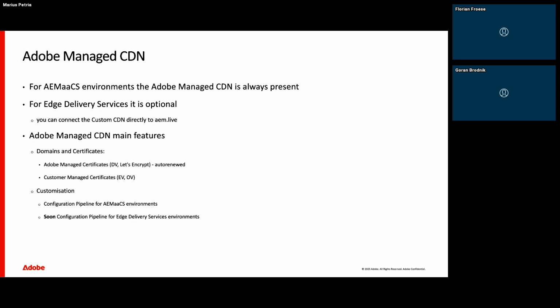You can do this for both of these flavors, for CS environments and for EDS sites, and also customizing the requests and responses, and this is possible currently for cloud service environments, and soon it will be available also for edge delivery, Adobe Managed CDN for edge delivery.